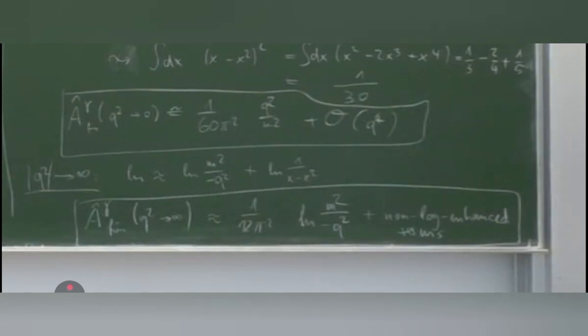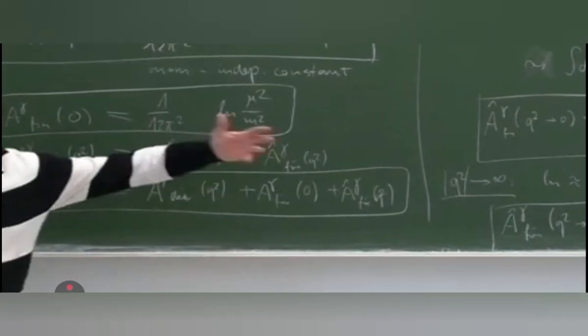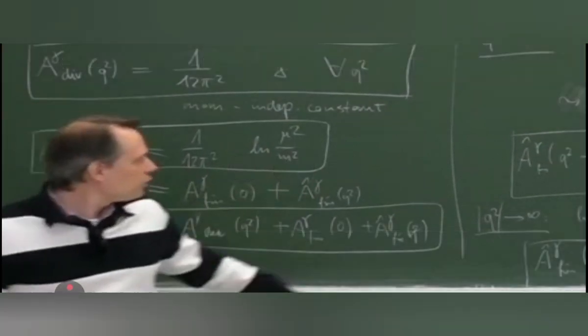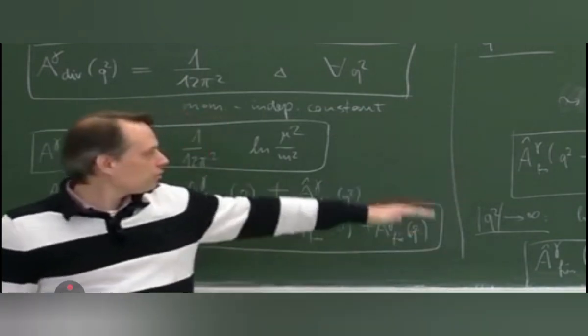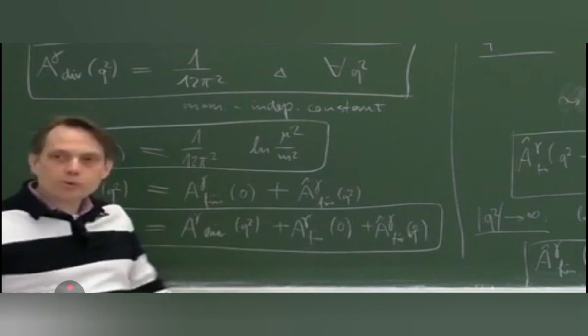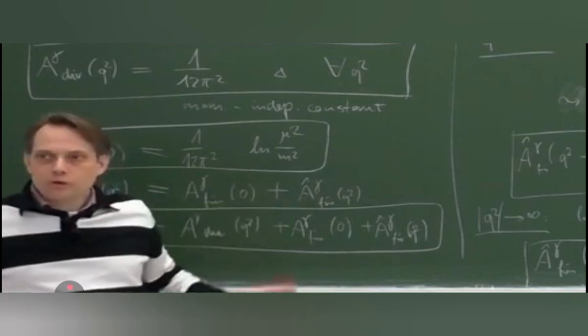I want to highlight this once more, and we will discuss it in more detail later. This is a typical behavior, and therefore I wanted to look at all these limits as opposed to doing an exact calculation, because the limits give you some insight.